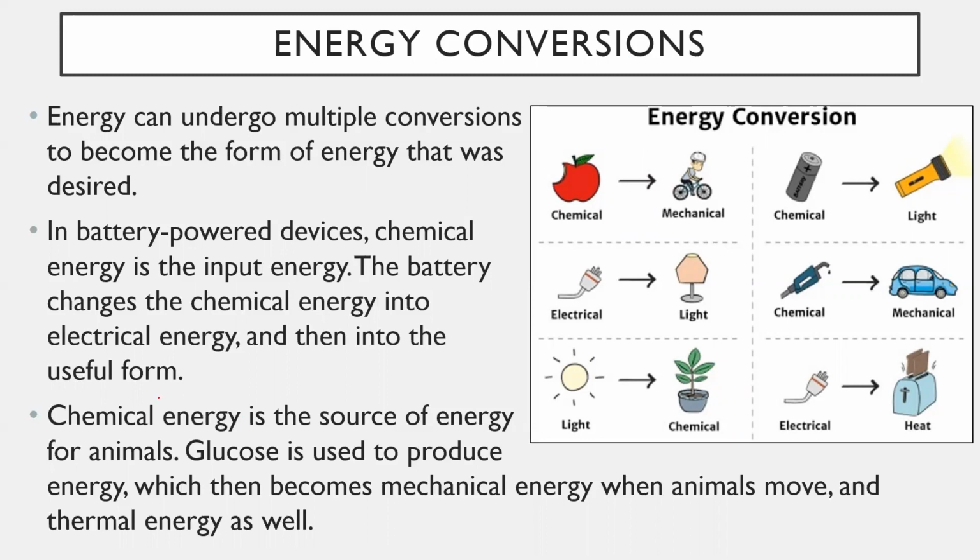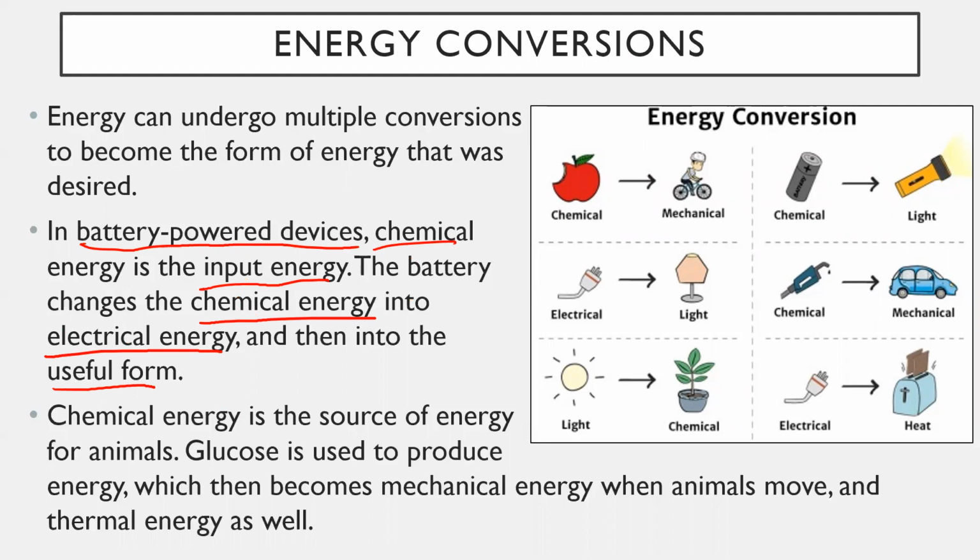In battery-powered devices, so things that aren't directly hooked up to a wall outlet, technically chemical energy is your input energy. It's what you're putting into it. You're putting a battery in your flashlight, for instance, and the battery contains a chemical. A chemical reaction occurs which releases electrical energy. So we have chemical energy first, then electrical energy, and then that electrical energy goes through to the bulb in the flashlight, which turns it into its useful form, in other words, light energy, right?